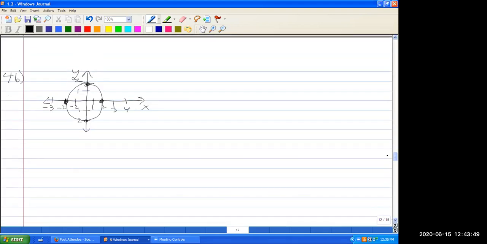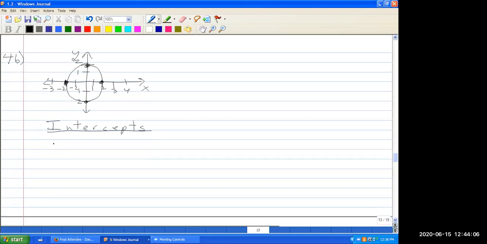Let me do problem number 46. In problem 46, it's asking the same questions. So intercepts. First, let's look at the x-intercepts. Here we have a whole bunch. So the x-intercepts are at plus or minus 2.